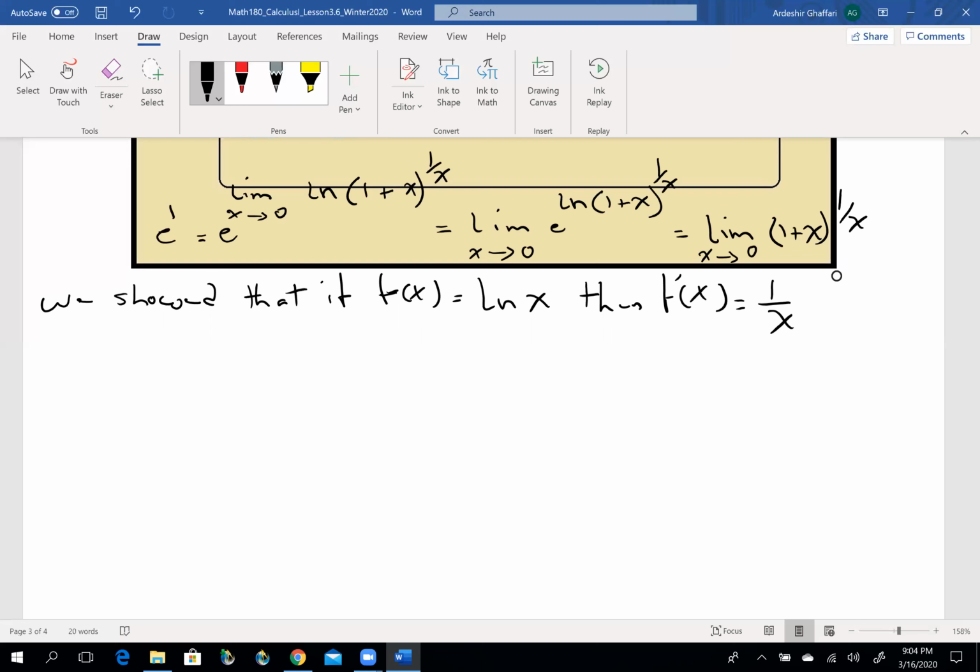So f prime of 1 is going to be equal to 1, because 1 divided by 1 is 1. So f prime of 1 is equal to 1.